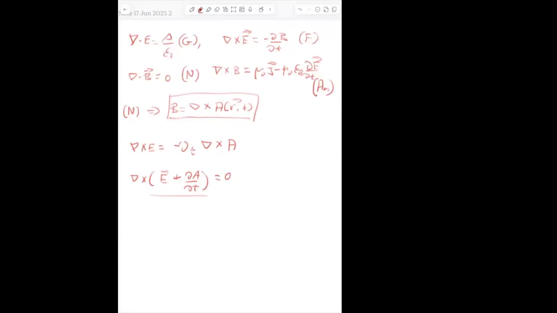And this implies that E, let's write it down a bit slower now because this is the new part, is equal to some function V of R and T, which is the potential. And again, the new thing here is the time. So what we see here is that the electromagnetic field is simply, here we have div, of course, and the minus sign.